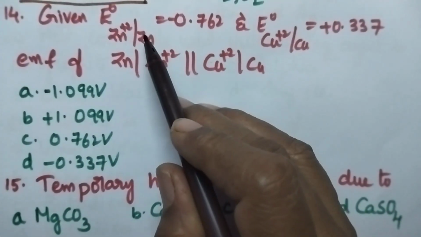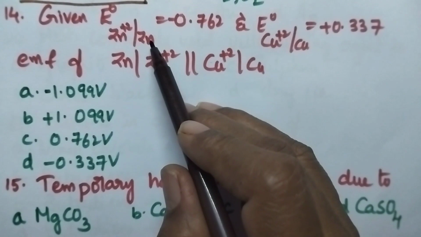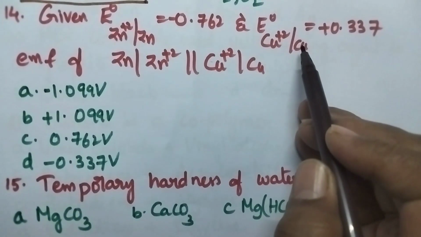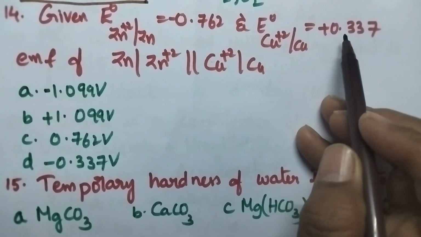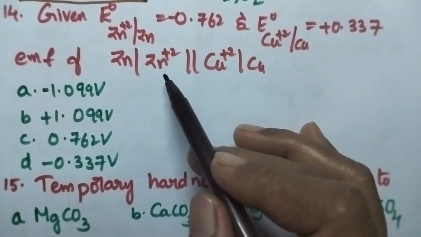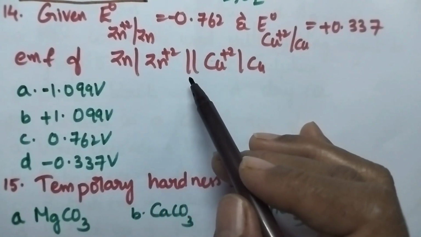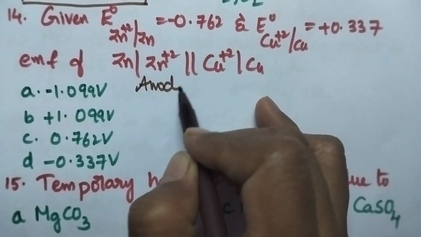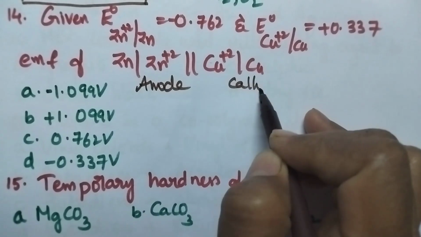The standard electrode potential of zinc is given as minus 0.762 and that of copper is plus 0.337. The EMF of galvanic cell is, here zinc is behaving as anode and the copper is behaving as cathode.